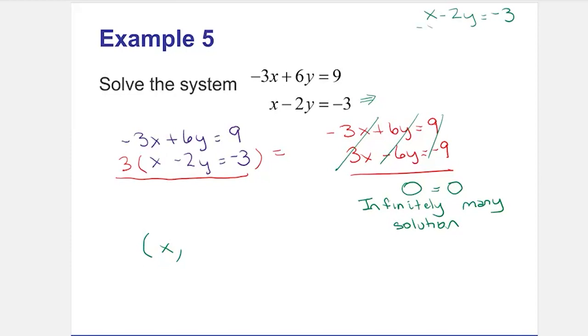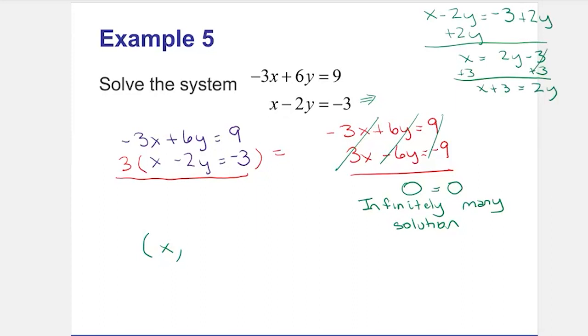So I'm going to subtract x from both sides. I'll make it easier for you guys. I will add y to both sides. So I get x equals 2y minus 3. Now I'm going to add 3 to both sides. And I get x plus 3 equals 2y.